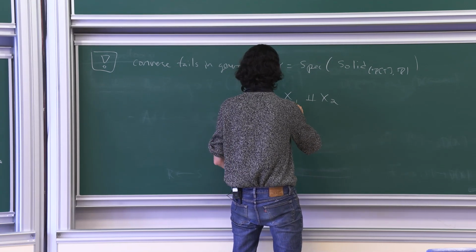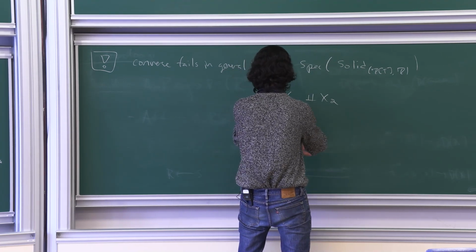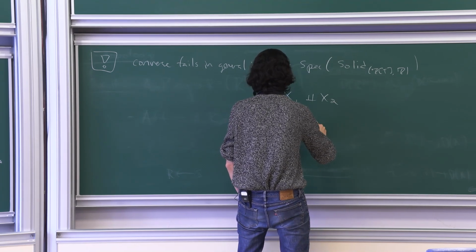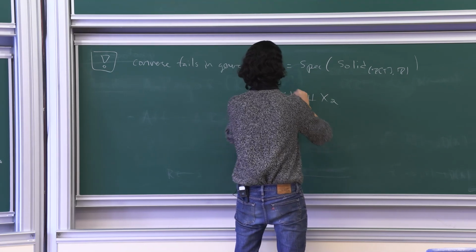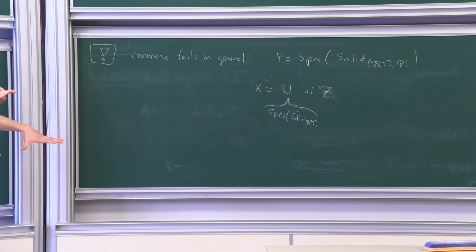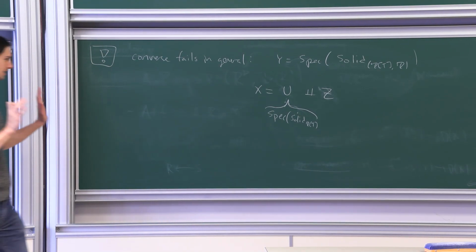of solid Z[t], or maybe I'll write it as U union Z. I take a space and an open subset and its closed complement. That's going to be the counterexample.